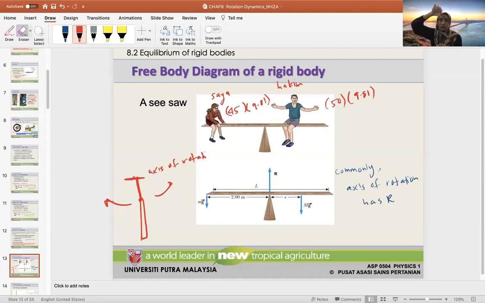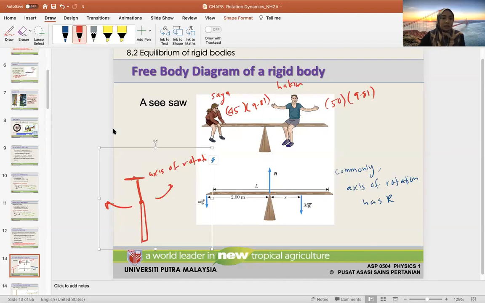But now, the axis of rotation is from my hand. And in most cases, that's a ceiling or something, right? So my hand acts as the axis of rotation, which means that I have contact here. And when I have contact, I will have R. And depending on how I rotate this thing, let's say it rotates, I don't know, this way. Okay, that's not clear.